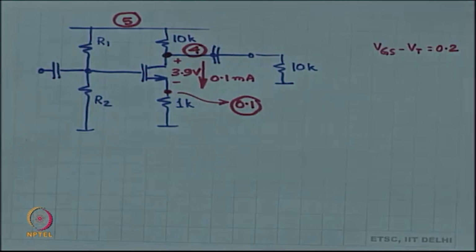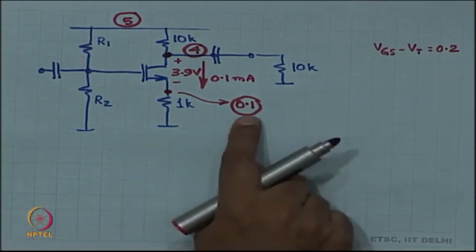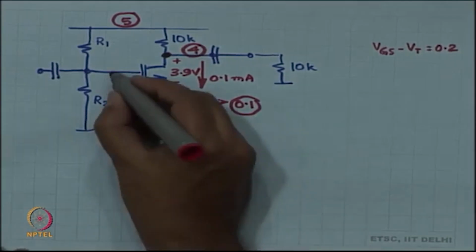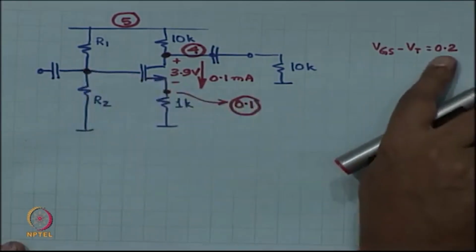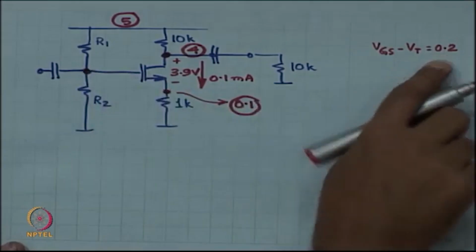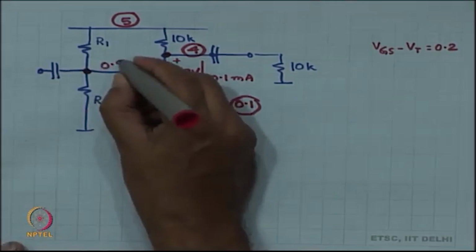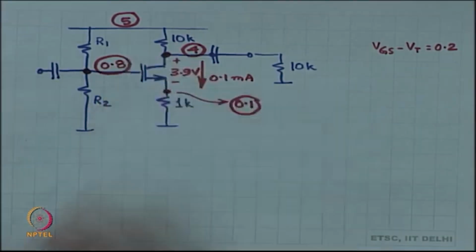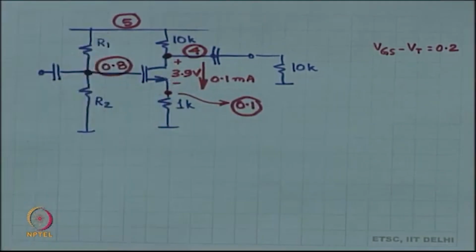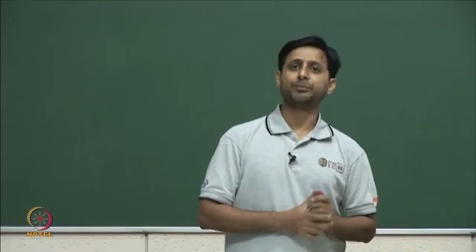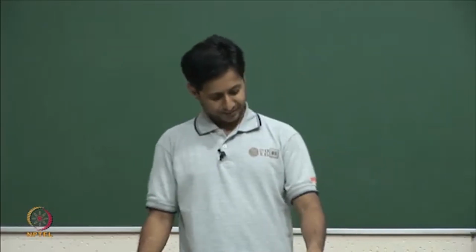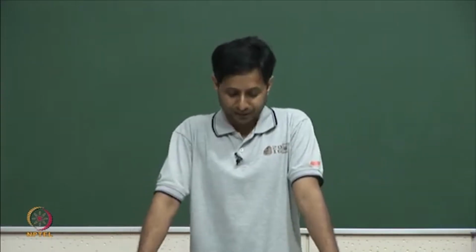That is, 4 volts is the voltage at the drain, 0.1 volt is the voltage at the source, and if I have VGS minus VT as 0.2 and let us say VT is 0.5, then the voltage here is 0.8, and you have organized R1 and R2 in that fashion. Am I being clear over here?